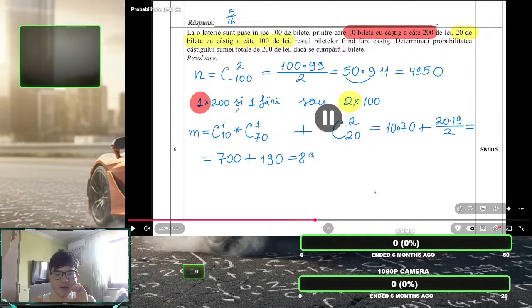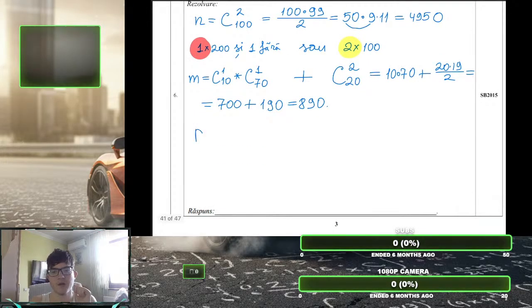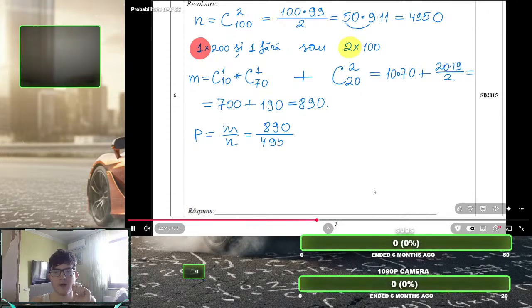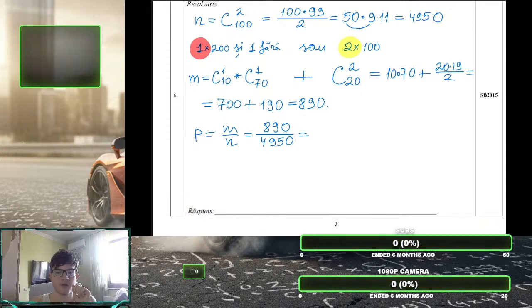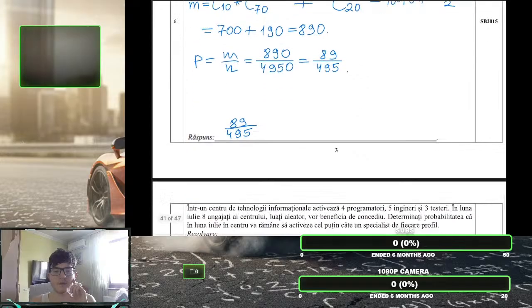So that is 890. Write it down correctly, simplify, and so on. You're gonna have 890 divided by 4,950, and 89 divided by 495. Just remove a 0. It looks like it's no longer simplifiable, and we have received this sum.